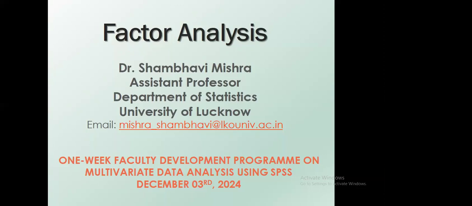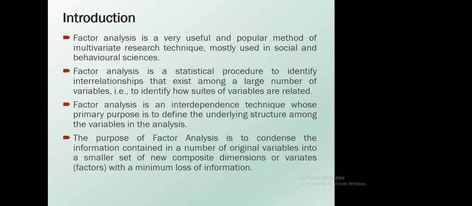So answering the first question, why factor analysis is different from MLR. When we talk about multivariate data analysis, multivariate, of course, everybody knows, means we deal with more than two variables at the same time. Broadly, we can classify multivariate data analysis into two parts. One is called dependence technique, and the other is called interdependence.